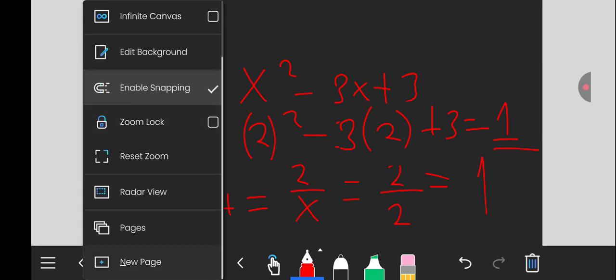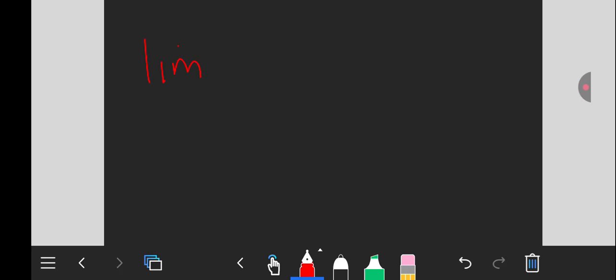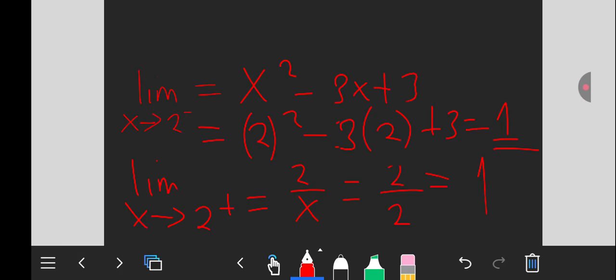So to find the overall limit, this is what we are going to do. Since the limit for x as it approaches from the negative part and also the positive part is the same one, which is just 1, the overall limit, we are going to say the limit of x as it approaches 2 is simply a 1.